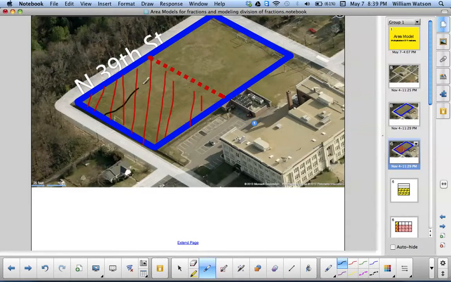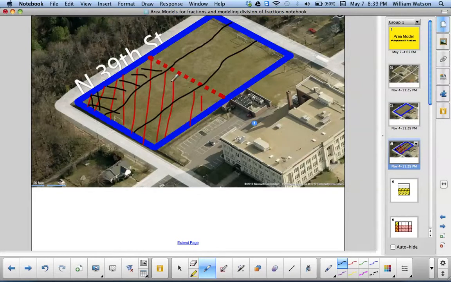So I'll cut that field into thirds, and I'll tell them that they're going to go on this back piece. Right here. So that's where the 6th graders are going to sit.